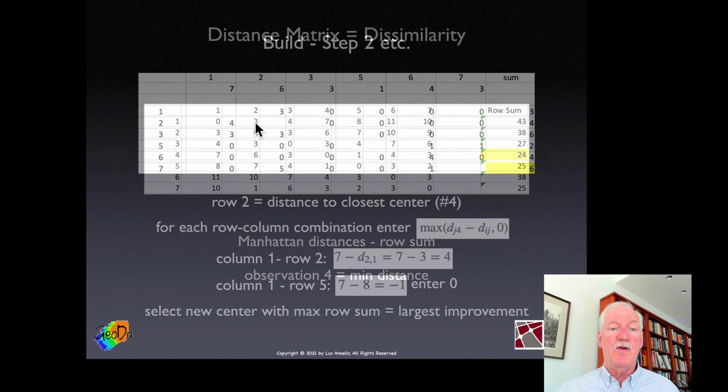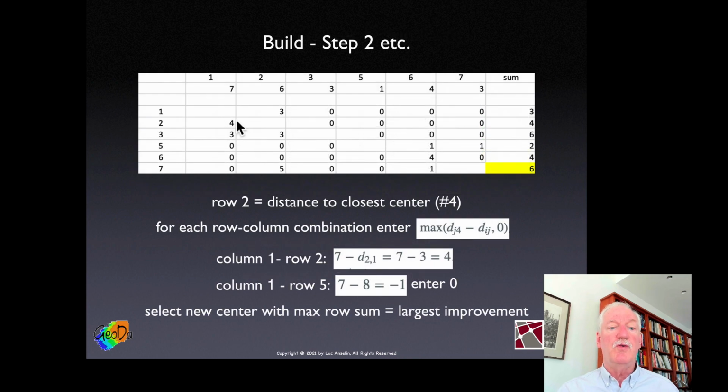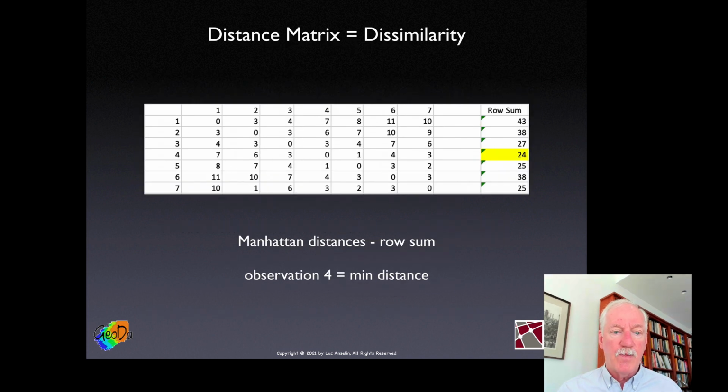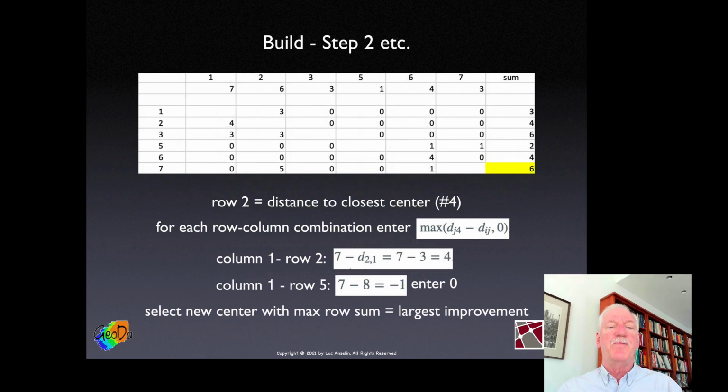So if 2 were the next center, then point 1 would move to that center and would actually be 4 distances closer. The difference between 7 and 3 is 4.